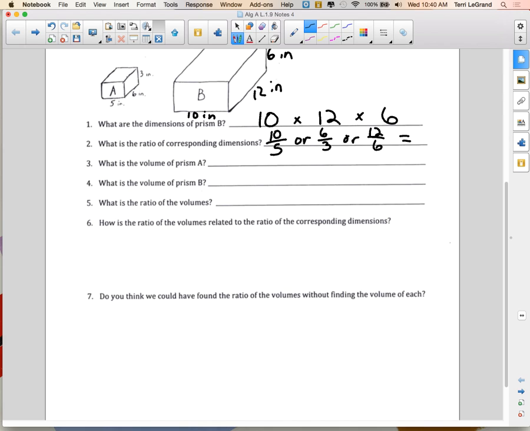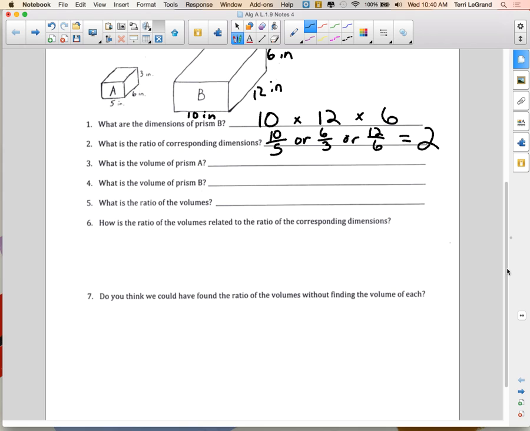Our 2 over 1, which then basically we're going to simplify. Remember, we always want our scale factors simplified. Okay? So we got the scale factor, didn't we? We doubled the dimensions. And when we set up our ratio of corresponding dimensions, we got our scale factor, just like we said. They mean the same thing.